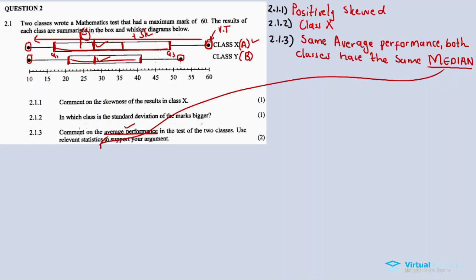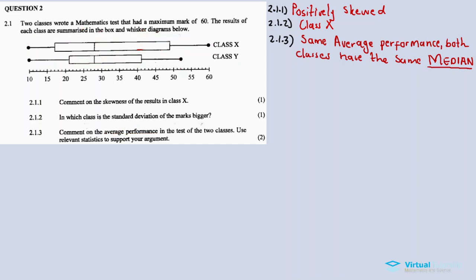Comment on the average performance in the test of the two classes. Use relevant statistics, I mentioned the median. So this is our answer for 2.1.3.